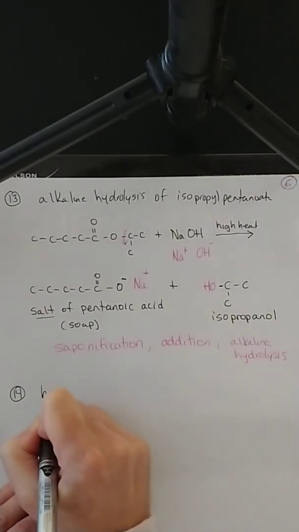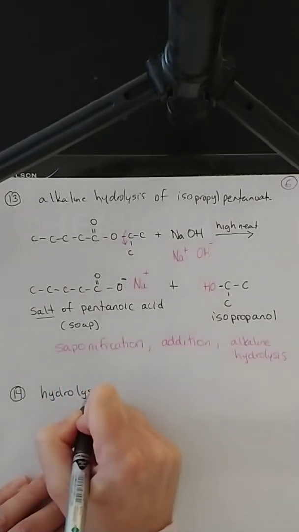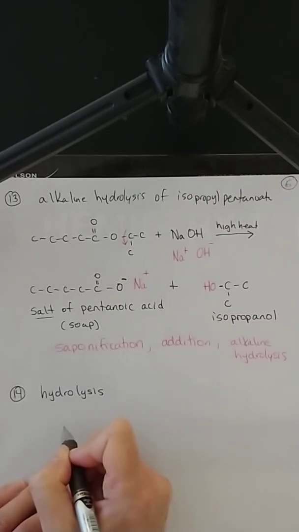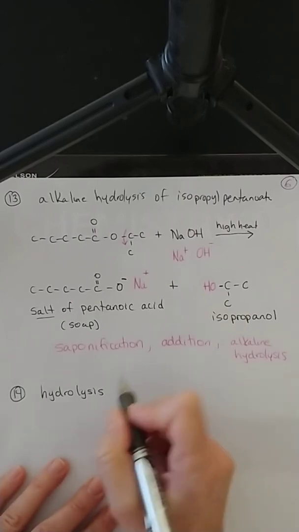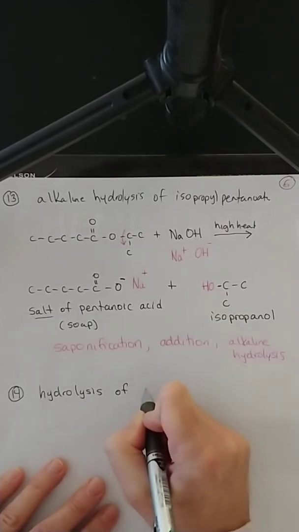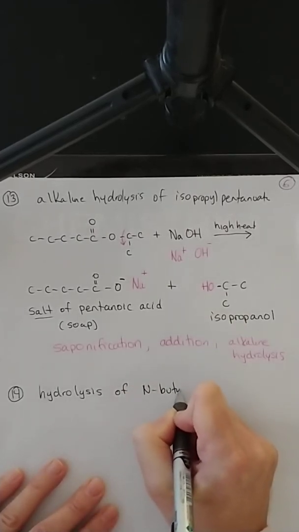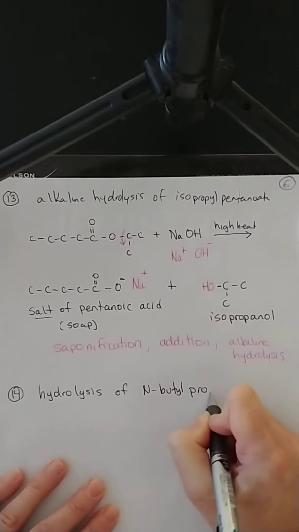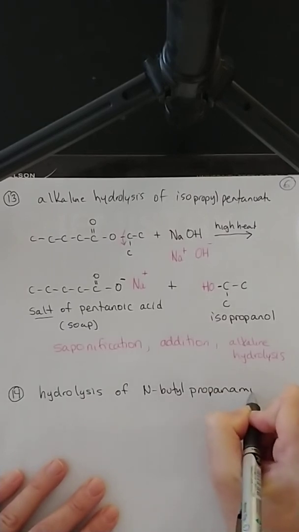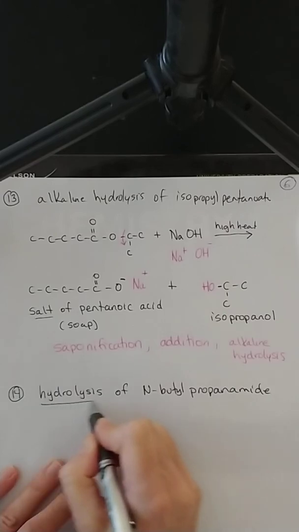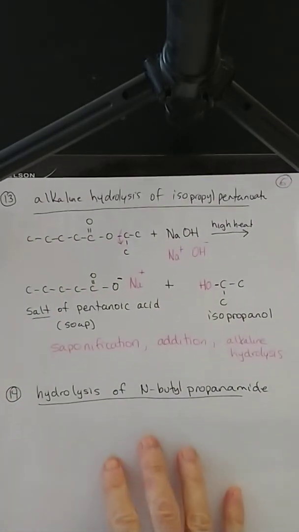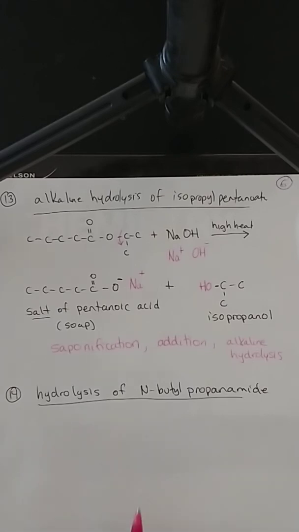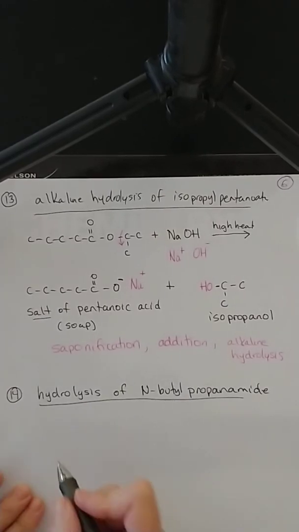Okay, the last one that I'm going to do with you here, number 14, is a hydrolysis, because you cannot do an alkaline hydrolysis on an amide, but you can do a normal water-based hydrolysis on an amide. So hydrolysis of N-butylpropanamide. It's the exact same process as we did up here, except instead of using sodium hydroxide, which is an alkaline substance, we're just going to use water.